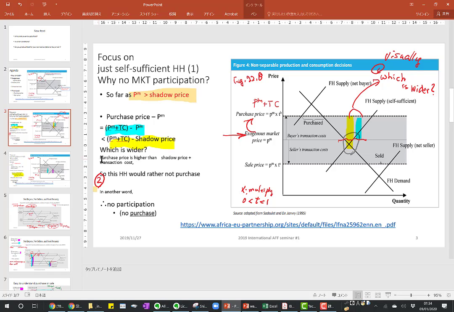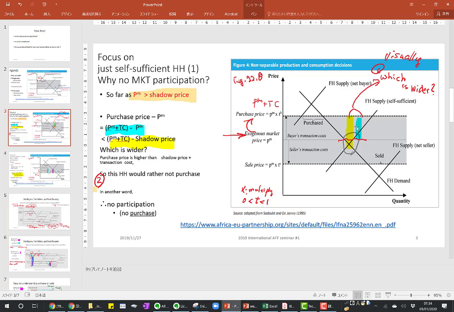Which means purchase price is higher than shadow price plus transaction cost, the yellow one.